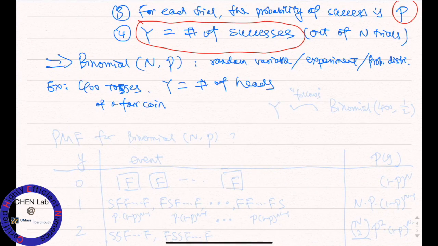If you define y to be the number of heads, I'm going to use this notation to denote follows: the y random variable follows a binomial distribution of 400, p is 1/2. Binomial (400, 1/2).